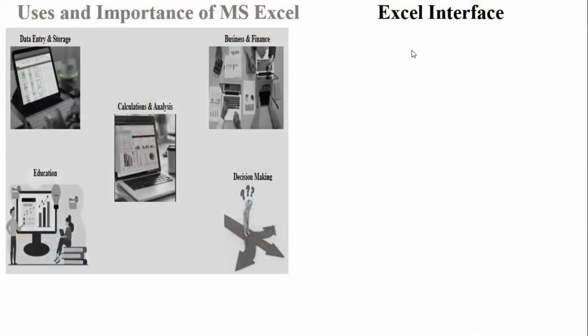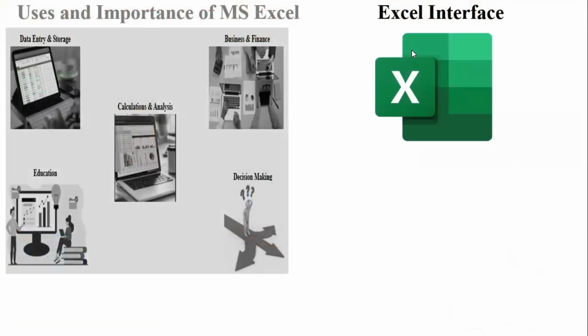And after this, we are going to discuss the Microsoft Excel interface. The parts we are going to discuss are the title bar located at the top of your Microsoft Excel. We also have the quick access toolbar.